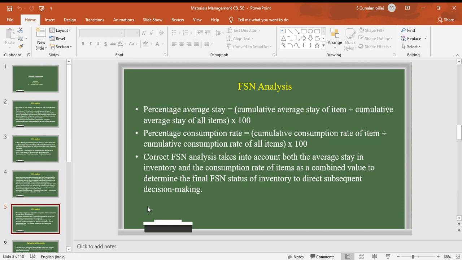Then the percentage average stay, that is, the percentage of average stay for a particular product: cumulative average stay of the item divided by cumulative average stay of all items, into 100 for the percentage. See, imagine, is it possible for you to manually calculate cumulative average stay for all items?